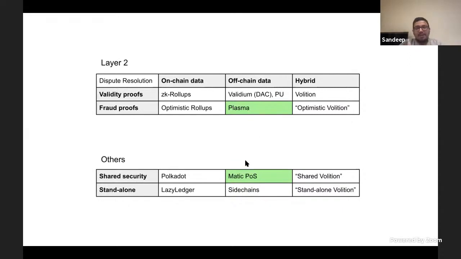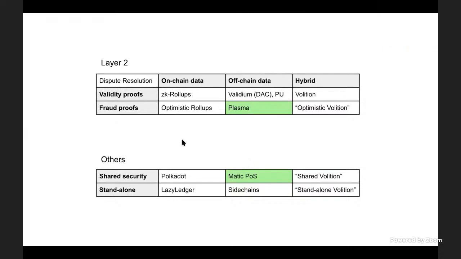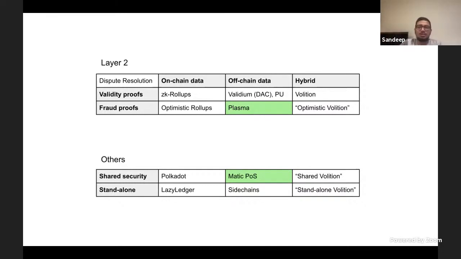Coming to the other kind of solutions, the pure layer 2, because on a higher level, if you see the trade-offs, at the end, you want Ethereum to safeguard the off-chain setup. So if you want Ethereum to safeguard the layer 2 setup, then it is going to be costly. And there can be a lot of use cases where the solutions being developed do not want that high level of security.